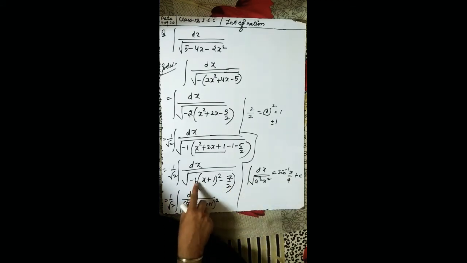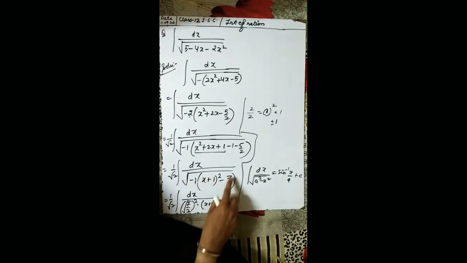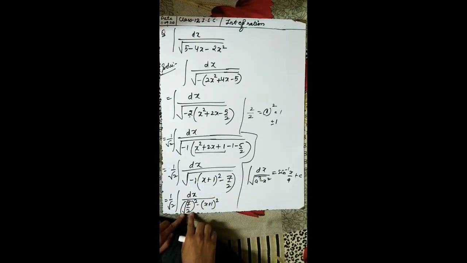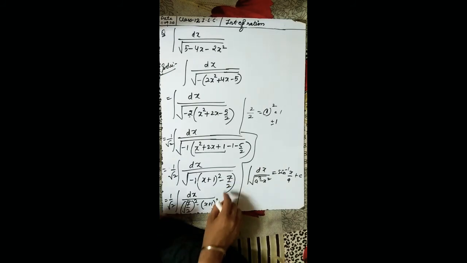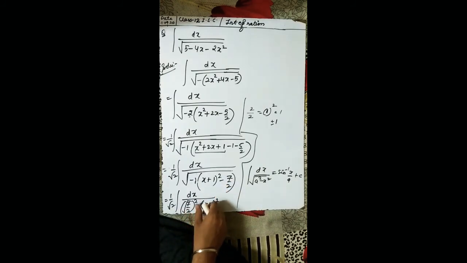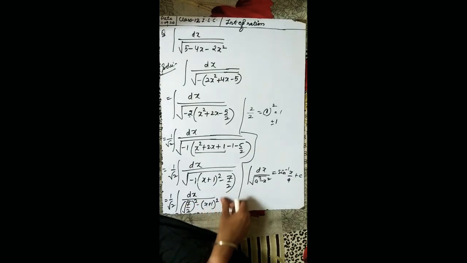Now whatever you have taken minus common, just introduce this in the bracket, so it will be minus and this will be plus, and I have written here like this. And if I want to fit this particular thing in my identity, this should be in the square, so root 7 upon 2 the whole square. Okay, because this is not a perfect square, that is what we are writing in this form, just to represent this in square, and minus of x plus 1 the whole square.